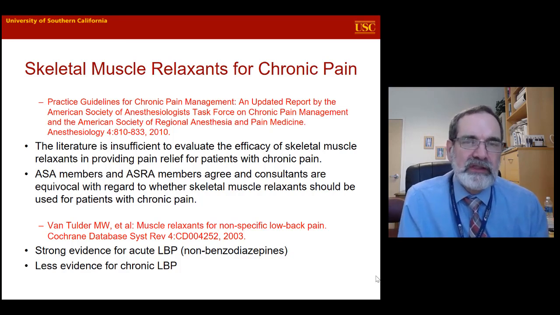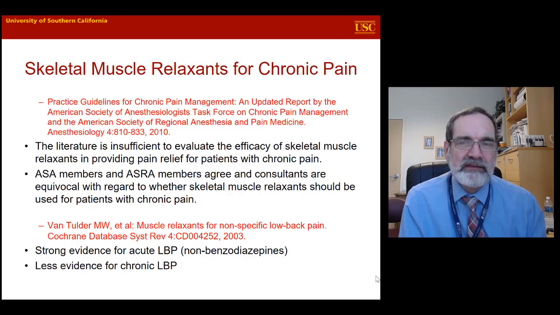So if you dig into some of the treatment guidelines about the use of muscle relaxants, you'll find that the literature is insufficient to evaluate the efficacy of skeletal muscle relaxants in patients with chronic pain.